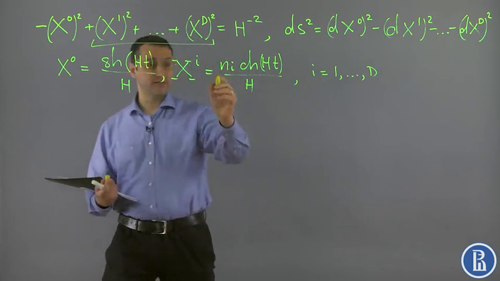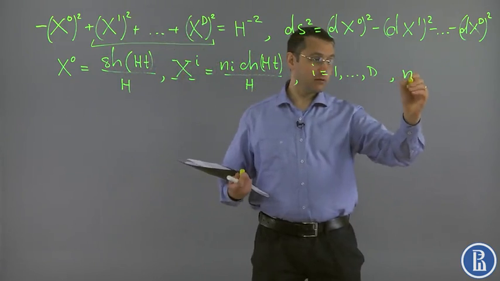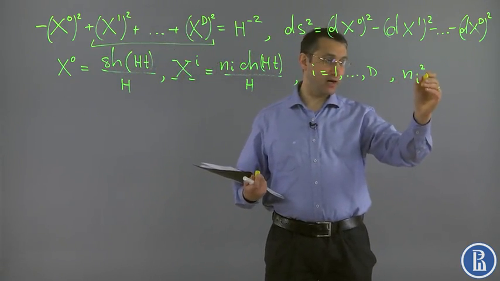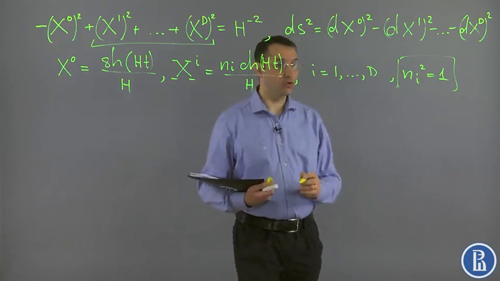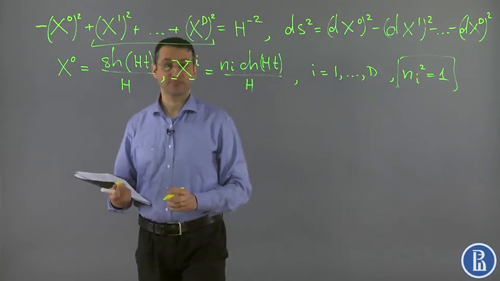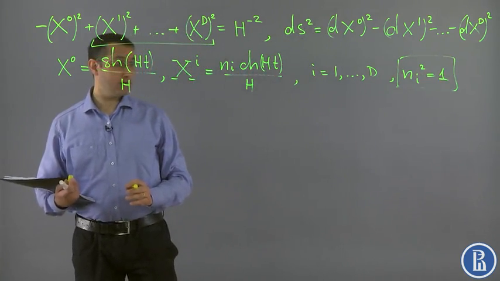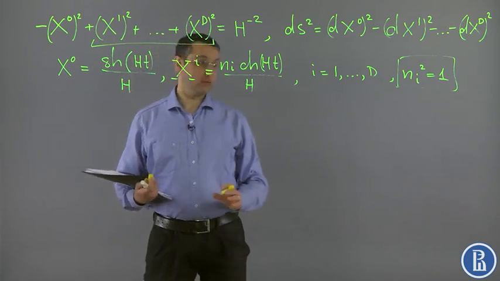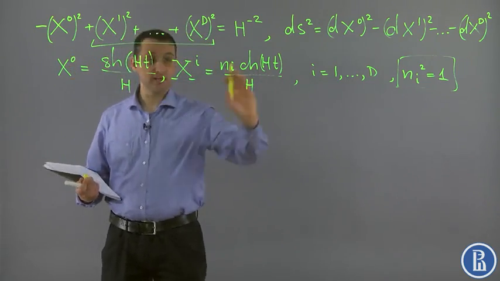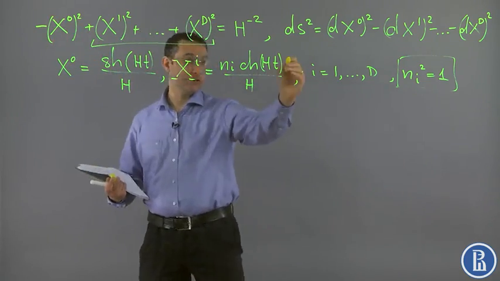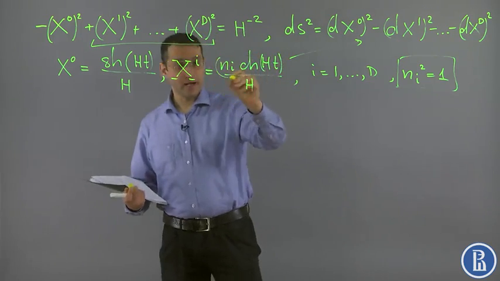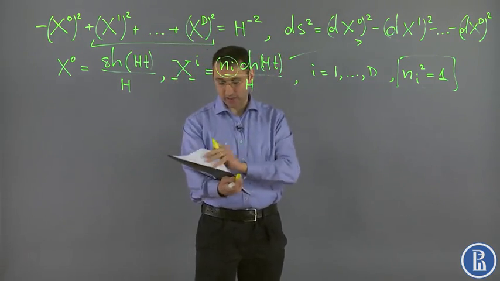If the sum over i of ni squared is equal to 1, this defines a unit sphere, and we obtain that these two things solve this equation. If we plug this in, from ni we obtain a d minus 1 dimensional sphere.